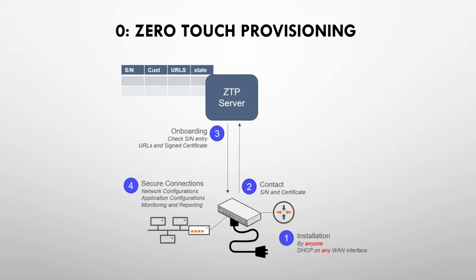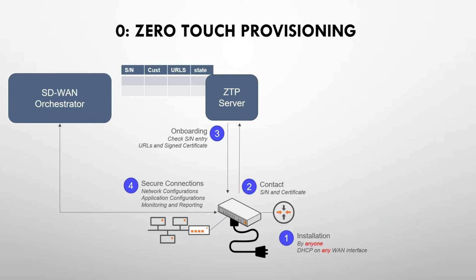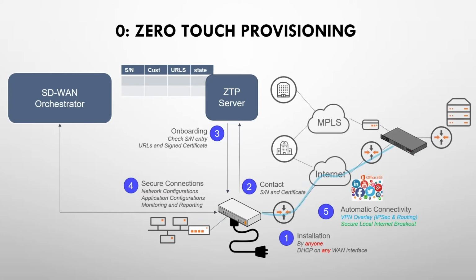Now the SD-WAN device has the information of the SD-WAN orchestrator, and it will automatically establish secure connections to the orchestrator to download its network configuration and application configuration, and upload the monitoring and reporting data. With all this configuration in place, it will know how to establish the IPsec tunnels to the hub site or to the branch offices if necessary, and it will also apply the local security policies to secure the local internet breakouts.